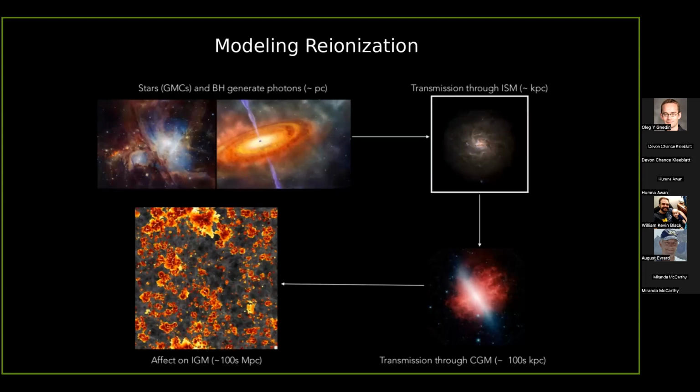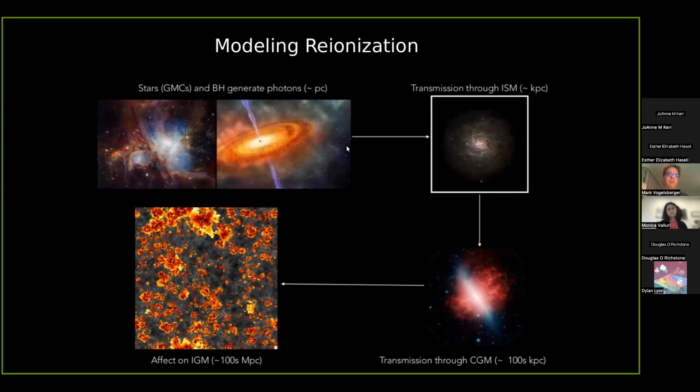Now, to model this epoch of re-ionization, you have to take into account radiation. For each individual star, for example, you need to track how the radiation propagates in your simulation and how it affects the various gas phases and components. Specifically, you generate your photons from the stars, and then they propagate outwards through the interstellar medium, which is the gas in the galaxies.